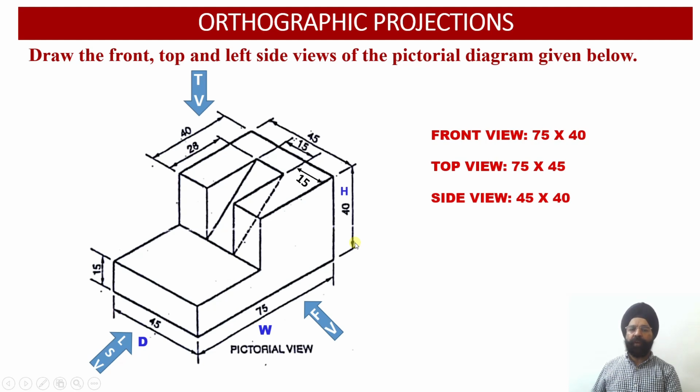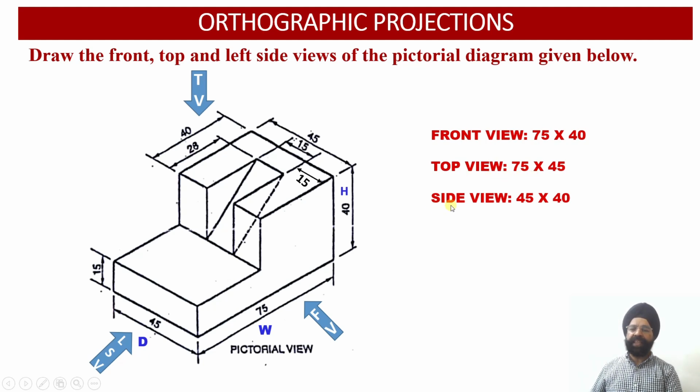Then from the top view we need to obtain the size of this orthographic projection. In the top view we are going to see the width of the solid, which is equal to 75 millimeter, and the depth of the solid will also be visible. So the dimension of the top view face will be 75 millimeter by 45 millimeter. This is the size of the top face of the solid.